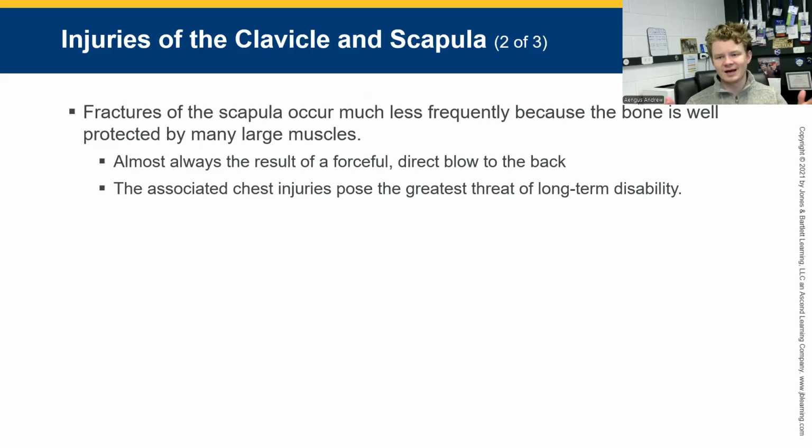pain? And right along with that, the dangers here are really about the possibility that if we have a scapular injury or a scapular fracture, we also might have rib fractures underneath it. And those rib fractures could cause a pneumothorax or a pulmonary contusion. These are worth talking about because we need to discuss the ABC issues that come along with them.